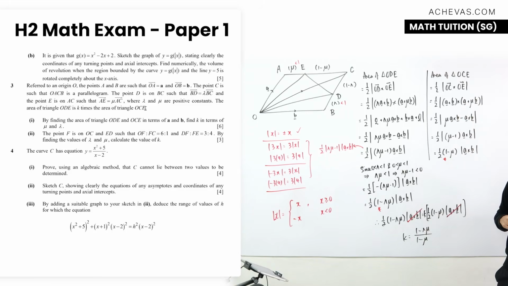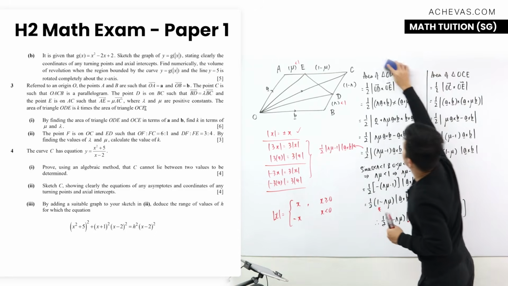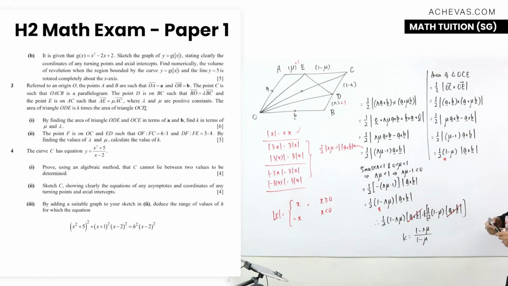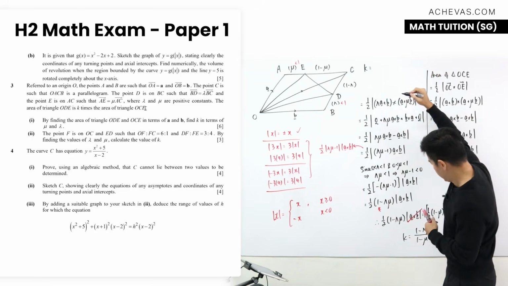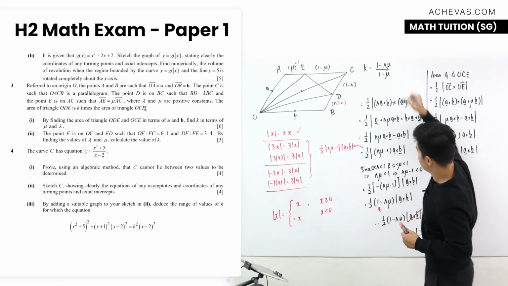So this is the representation that we have for k. Let me write it down here. We found that k is (1 minus lambda mu) over (1 minus mu).